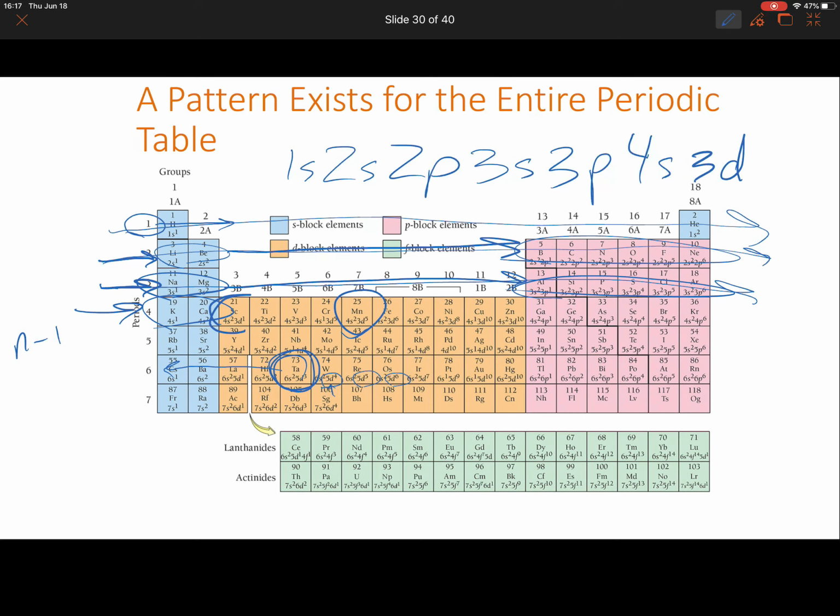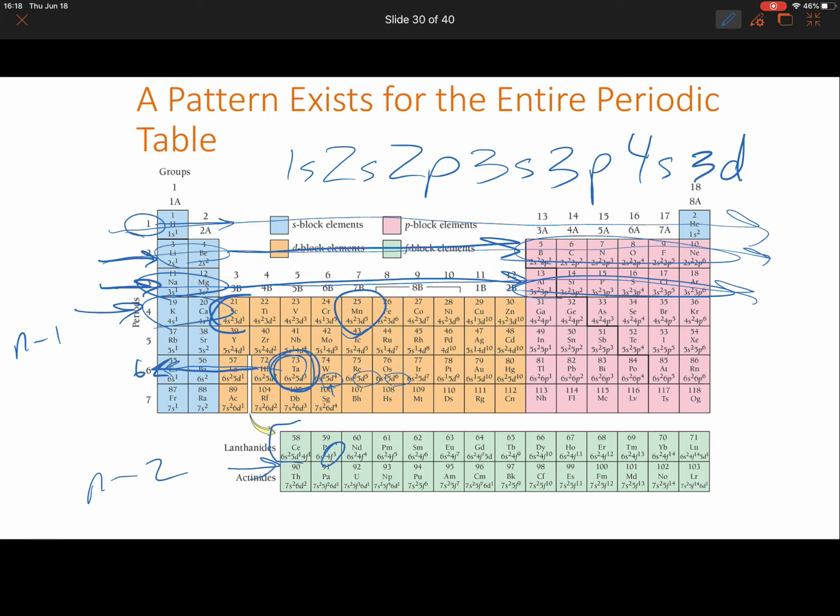So you'll notice this is the 4f block, even though it would be in the 6th period where we find this row of elements. So you can use the periodic table like that. The number of valence electrons for any main group element is equal to the column number.